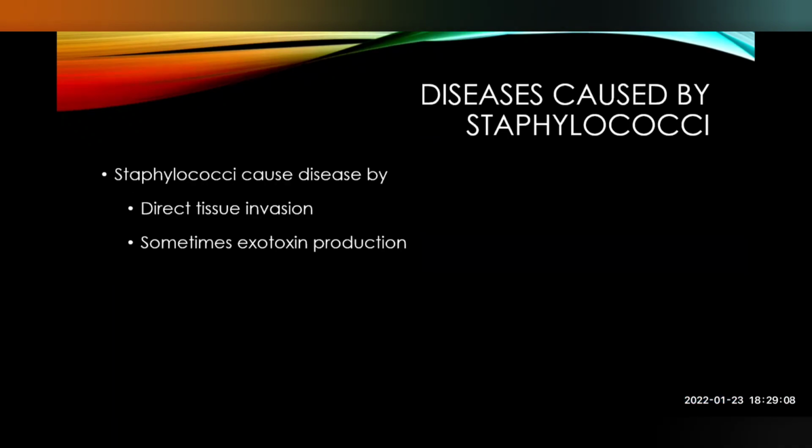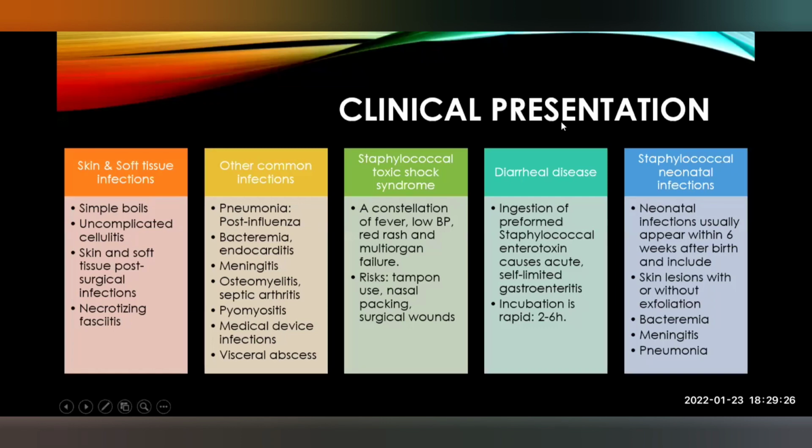Coming to the diseases caused by Staphylococci. The disease can be due to direct invasion or even due to exotoxin production. The clinical presentation, as we all know, is varied.